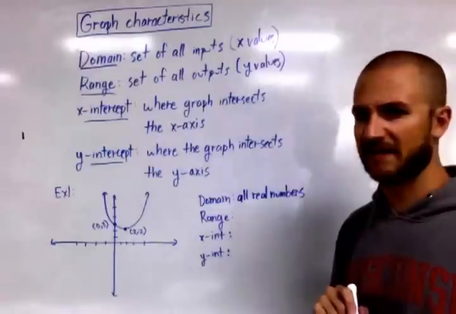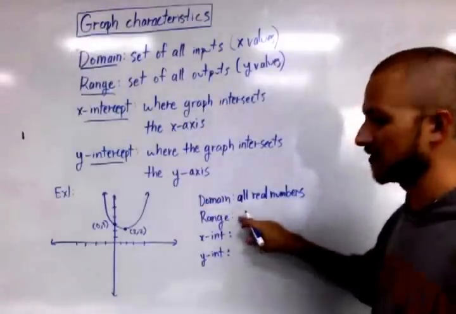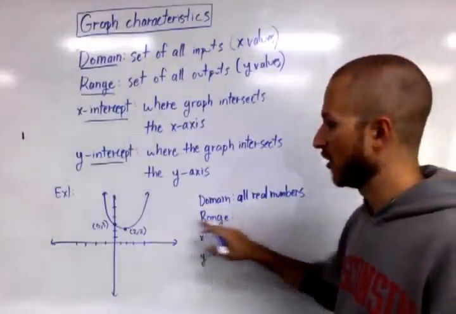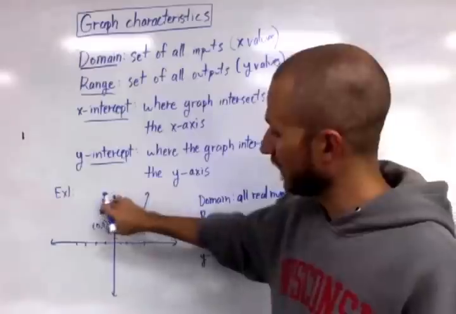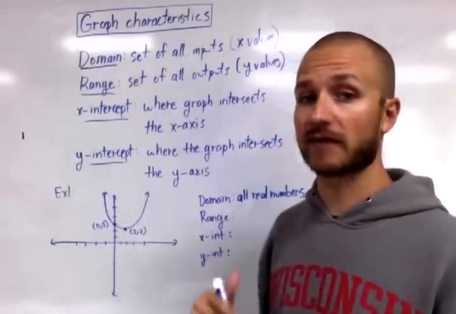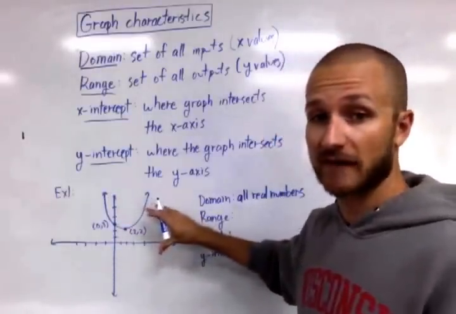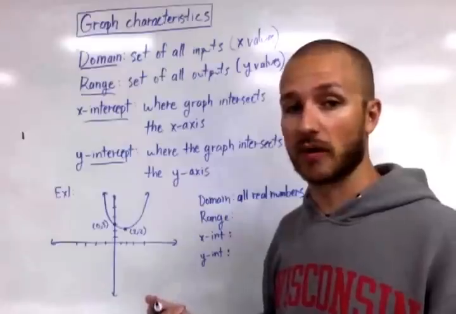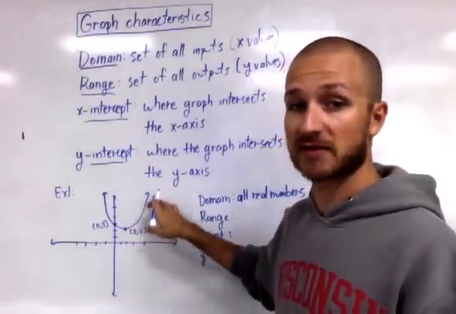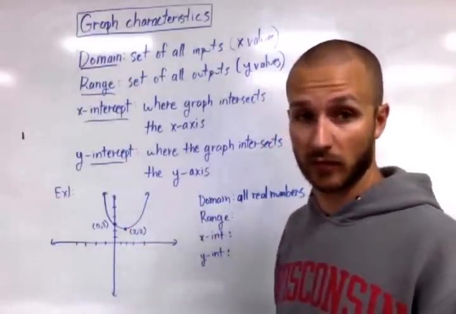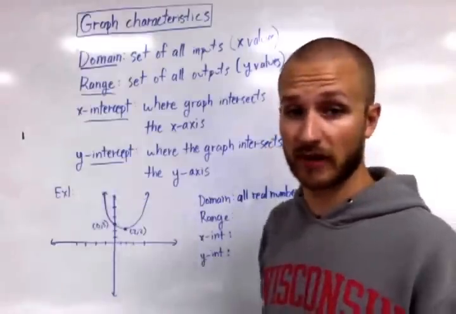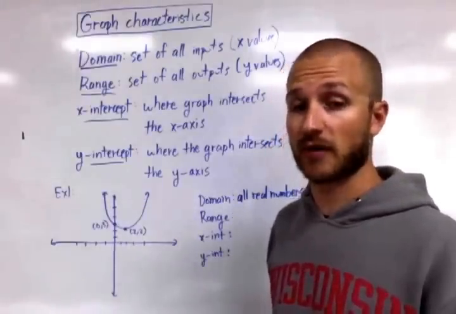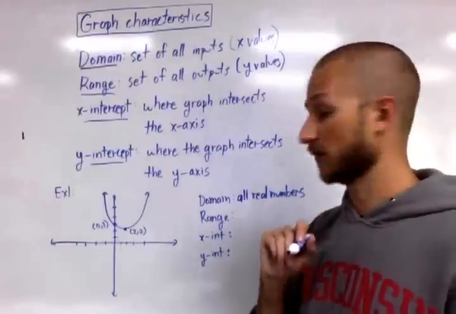Let's see if it's the same way with range. Range, remember, is the outputs, or the y's. Looking at this graph, both arrows are pointing up forever, which tells us that no matter how big of an output you want, if you go high enough on this graph, you'll have one. You actually have two of them since they're both going up forever. But the question is, how small can we get?